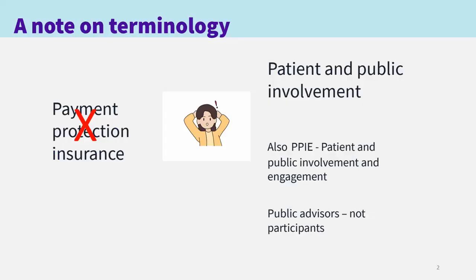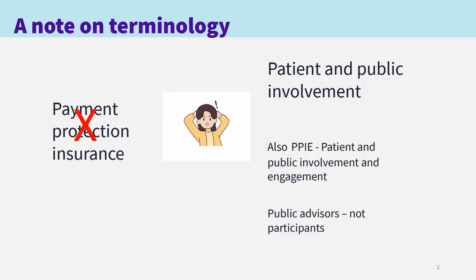So I'm just starting off with a little note on terminology. I'm of the generation when anybody that said PPI to me, I immediately thought of payment protection insurance. But thankfully, times have moved on from that now, and PPI as an acronym is becoming more and more well known. Certainly in the UK, nowadays people are often starting to use PPIE, so patient and public involvement and engagement.